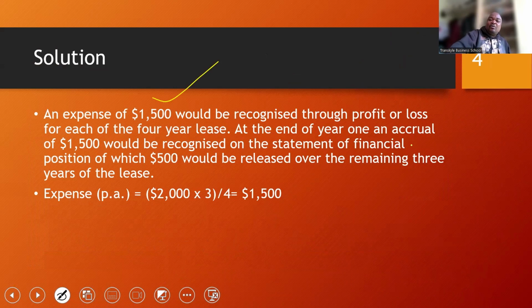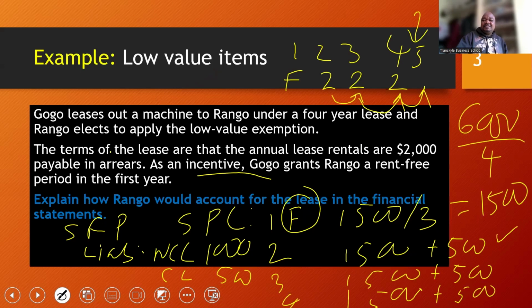At the end of year 1, an accrual of 1,500 will be recognized on the statement of financial position, of which 500 would be released over the remaining 3 years of the lease. So we'll release the 500 over the 3-year period. Isn't it what I was talking about?